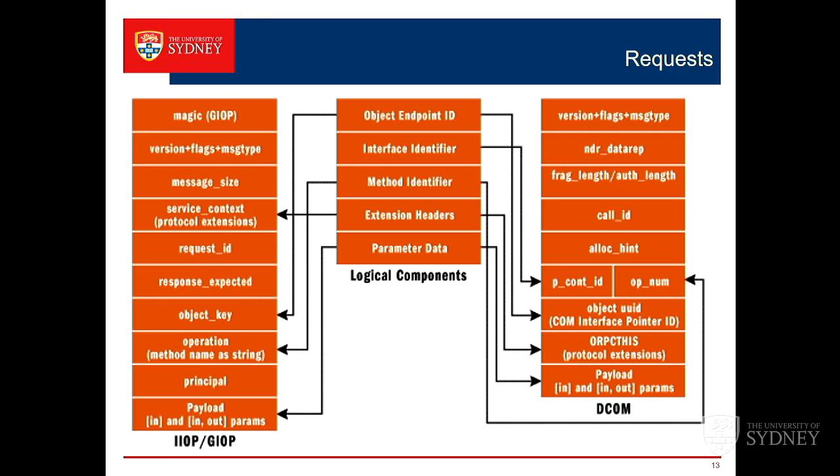We've got a message size, protocol extensions, so they all map onto those things. So real messages involved in this stub proxy thing skeleton are just messages like that. Theoretically, you could look at them.